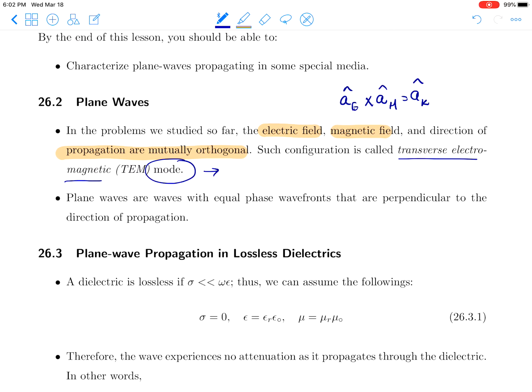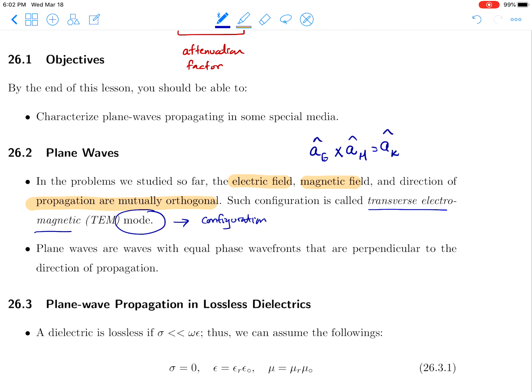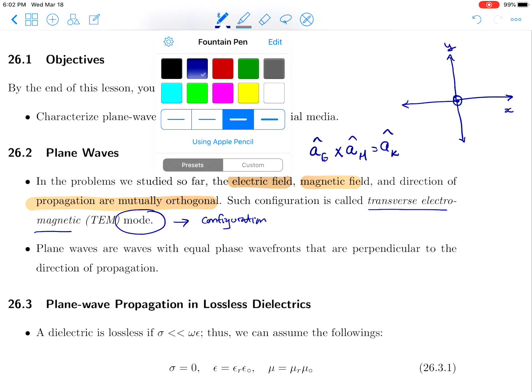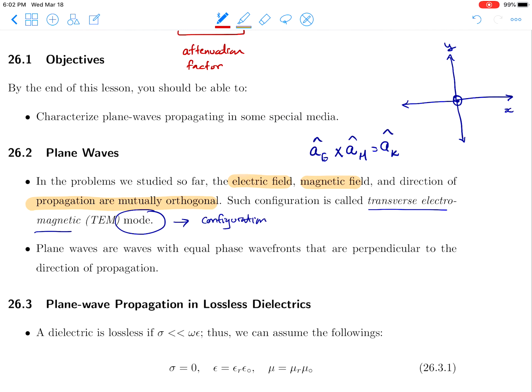So mode is a field configuration. In this case, let me assume this is the x-axis, this is the y-axis, and the z direction is pointing out of the page.